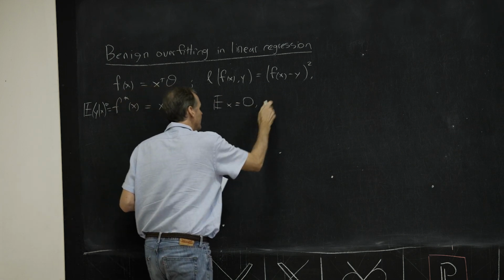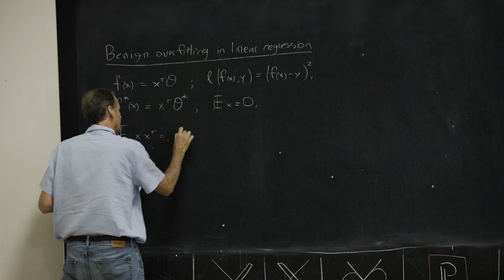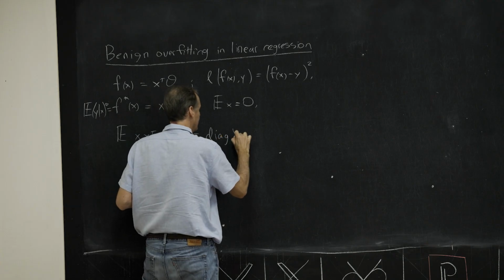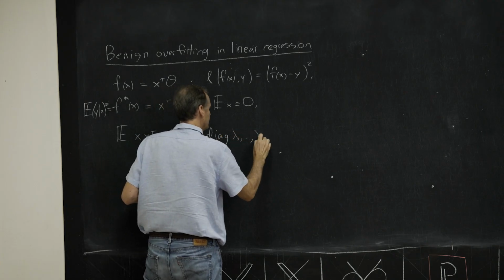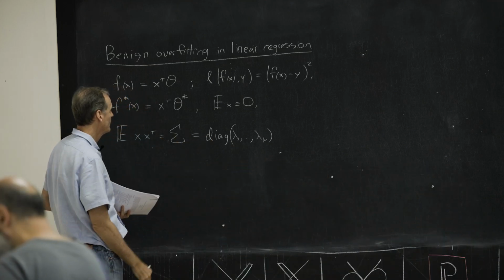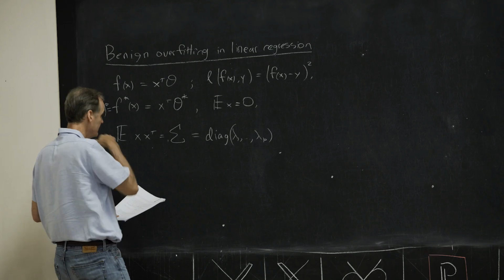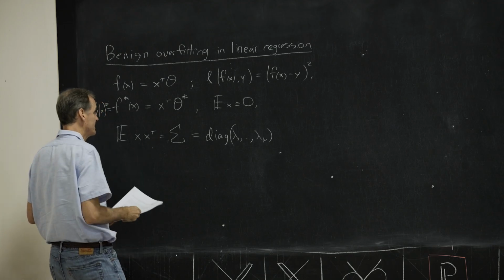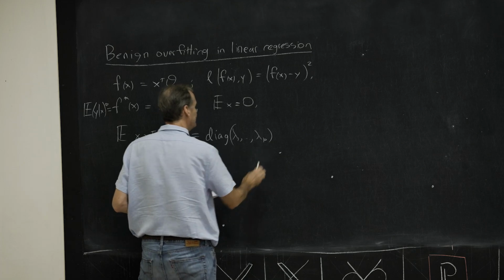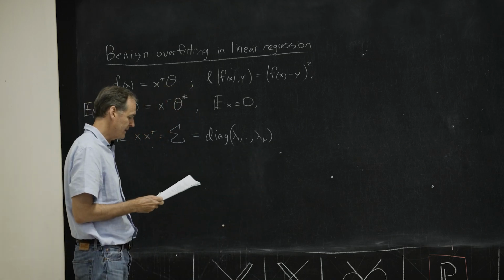The expectation of x is 0, the covariance is sigma, and we assume that our coordinate system is defined so that our covariance matrix is diagonal, and the eigenvalues are ordered. So lambda 1 is the largest.